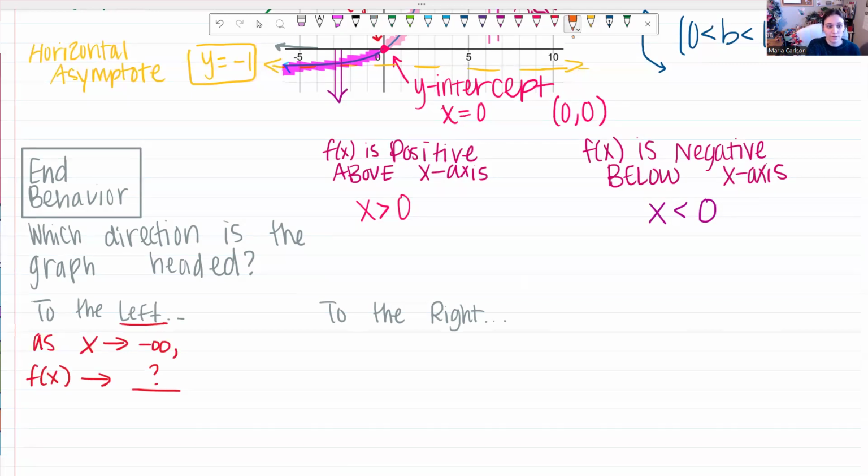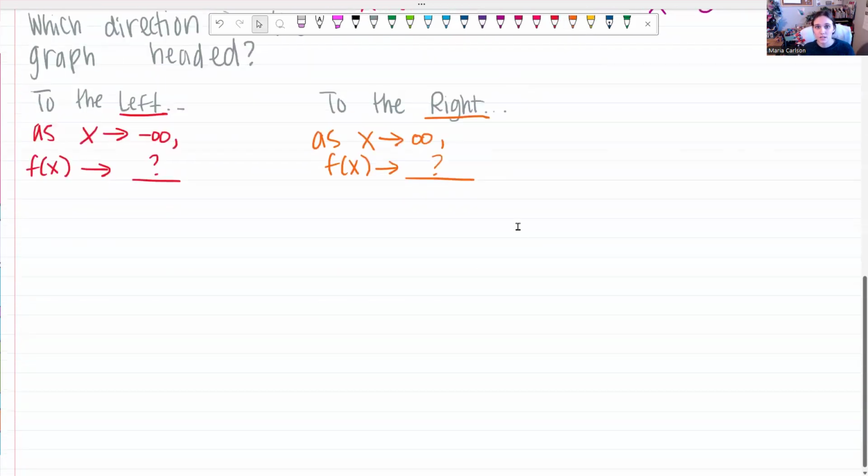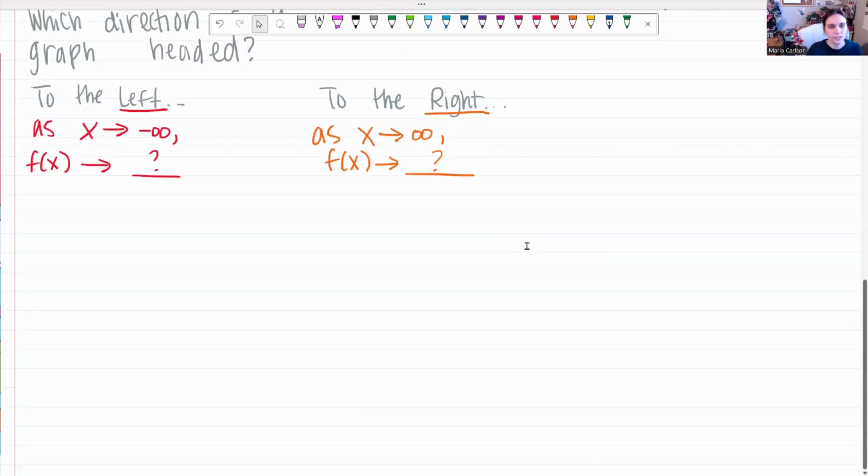Now, if we want to talk about to the right, as x is getting bigger, we are going to the right. So as x goes to positive infinity, what is our function f of x doing? Where is f of x going? So there are a couple different ways we could fill in these blanks, right?